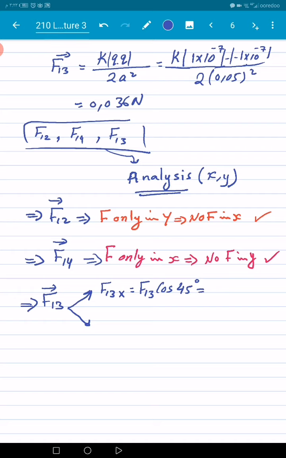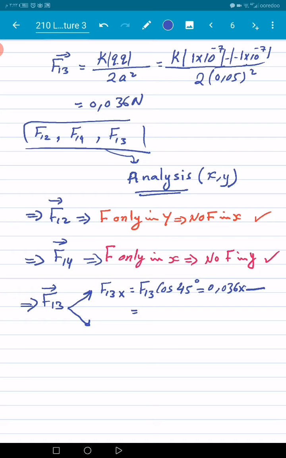So it's equal to F13. From the result we find F13 is 0.036. Then F13x is F13 times cosine 45 degrees. Check the value and put it here.